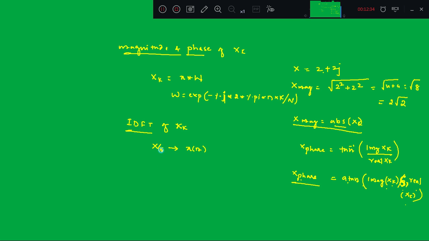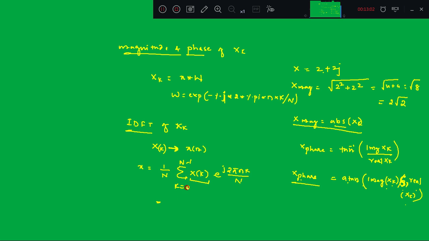So x of k you have to convert into x of n, right. So the IDFT sequence is given by small x is equal to, what is the formula? The formula is 1 divided by n, summation k is equal to 0 to n minus 1, x of k into e raised to j 2 pi n k divided by n, right.